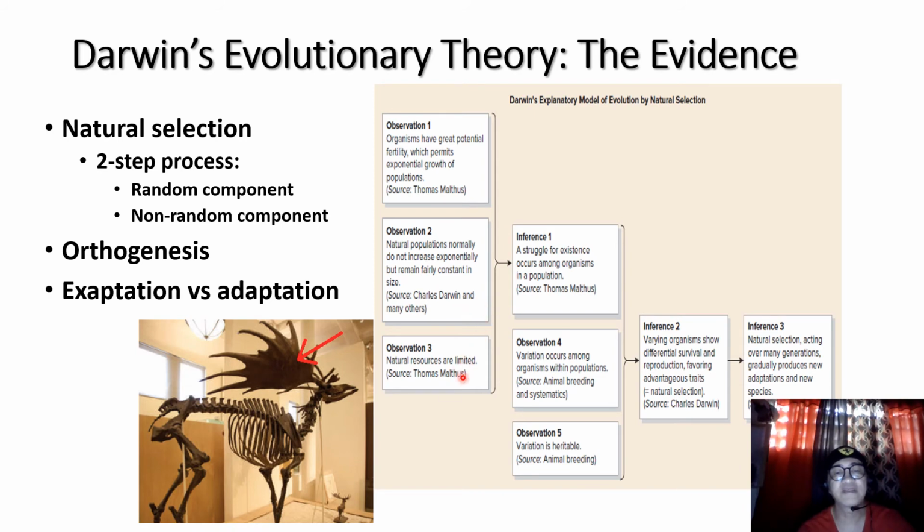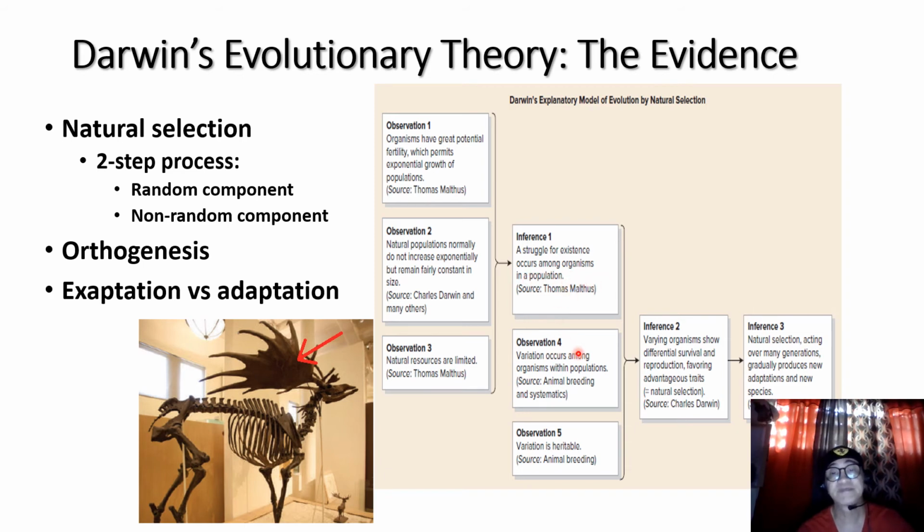The third observation is that natural resources in the environment are limited. His source of this idea was Thomas Malthus. But because of this limitation of natural resources, natural populations usually experience a struggle for existence.